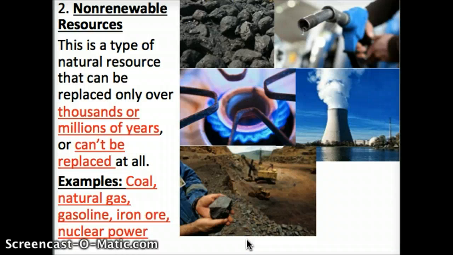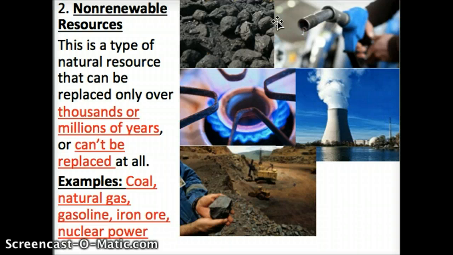Okay, the second type is non-renewable resources. So non means not renewable. That means that these resources might be able to be replaced, but it's going to take thousands and thousands of years or even millions of years, or they can't even be replaced. These are some examples of non-renewable resources. So coal, natural gas, gasoline, these are all fossil fuels. We're going to talk more about fossil fuels in the next lesson and how they are formed, but obviously they're made from fossils, which take millions of years to make.